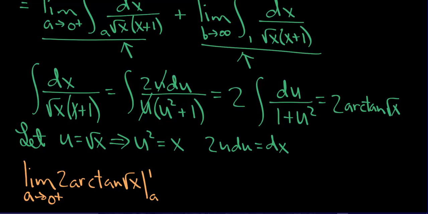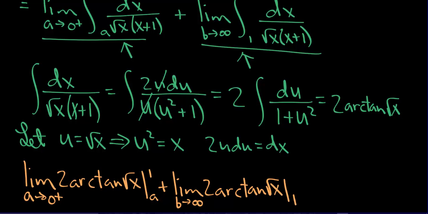And then we've got this one, the limit as b goes to infinity of 2 arctan square root of x from 1 to b.